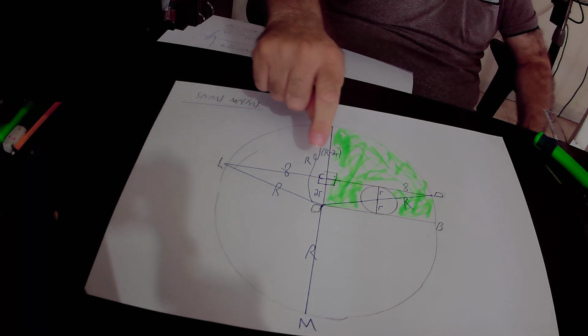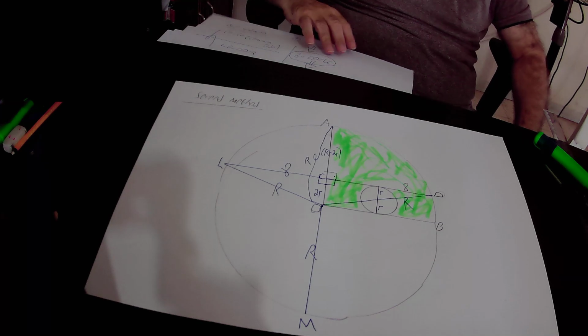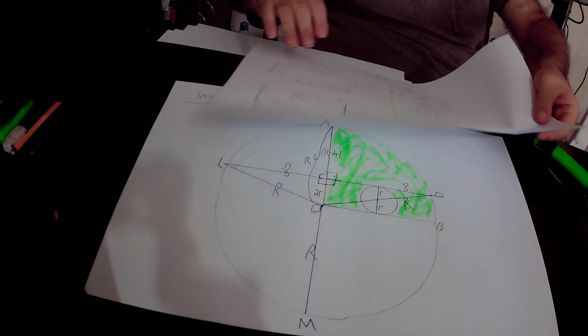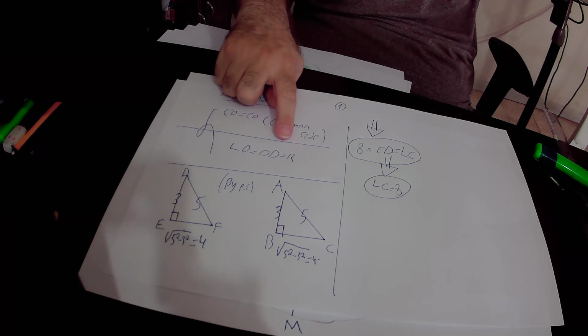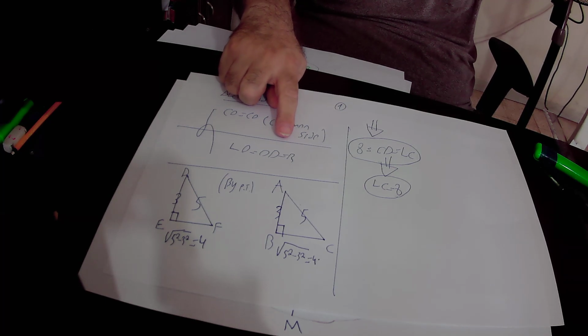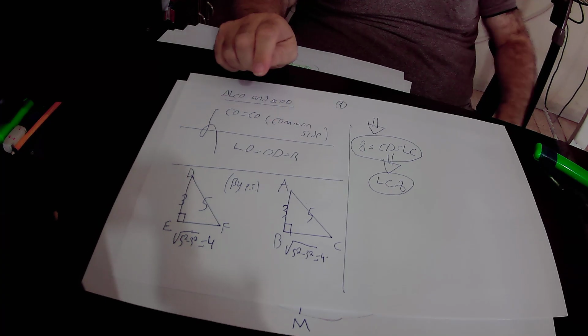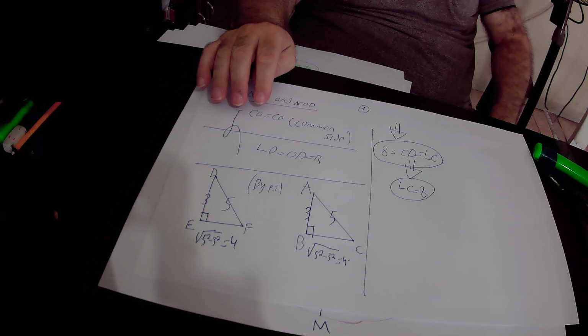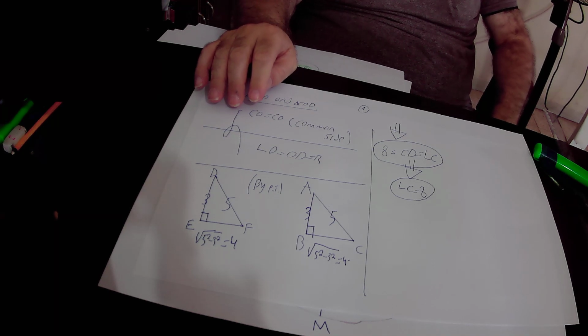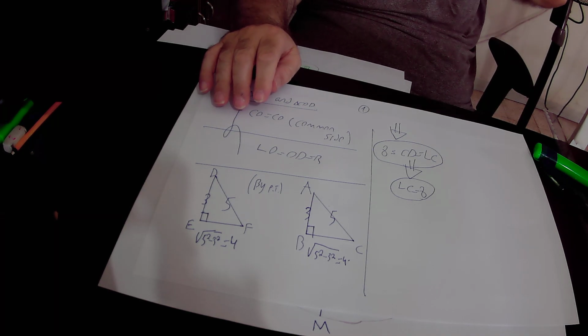Because they are both the radii of the big circle, therefore they are equal to each other. So we prove that the hypotenuse and one perpendicular in two right triangles are equal, therefore those two right triangles can go into each other.